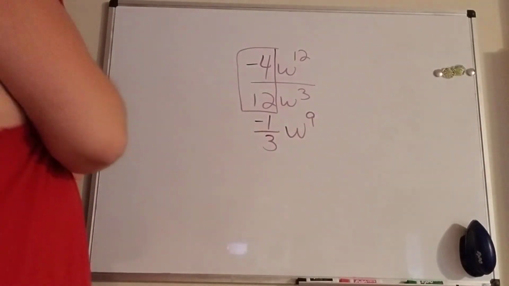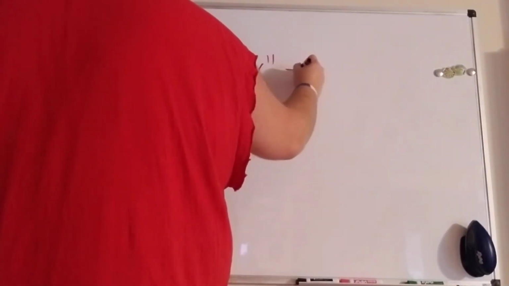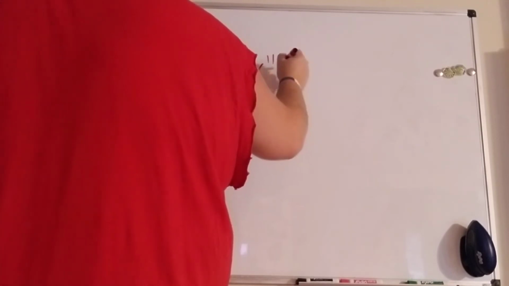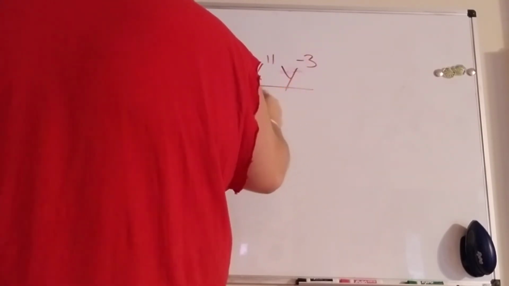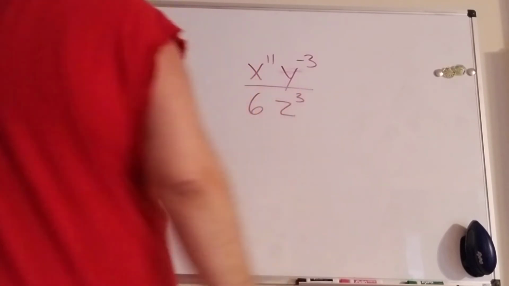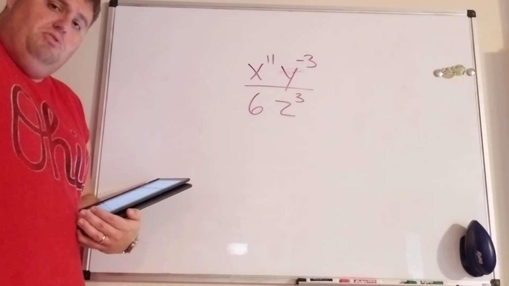All right, 15. Again, it kind of looks like it's going to be division rule, but none of the numbers have the same base, right? So it's not division rule, not multiplication, not power to a power. The only thing I can check for is, does it have negative exponents I want to fix?